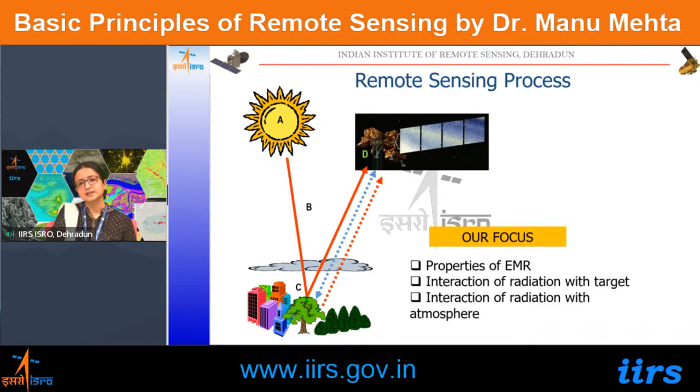So we must understand the properties of electromagnetic radiation. Number two, we will learn how interaction takes place between electromagnetic radiation and matter, matter here meaning the target as well as the atmosphere, which brings noise into the data. So these will be the three major points: properties of electromagnetic radiation, and interaction of radiation with the target and with the atmosphere.